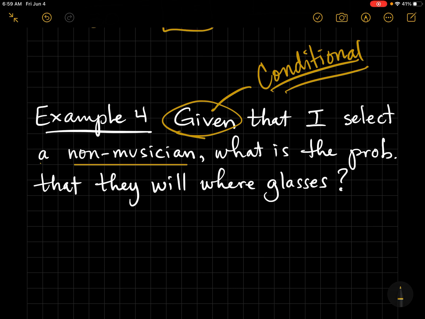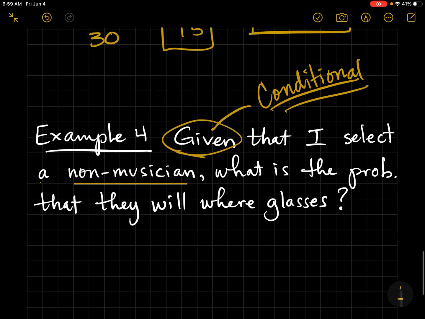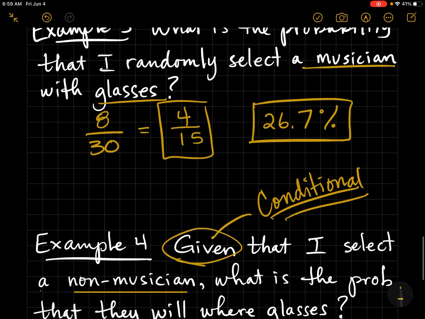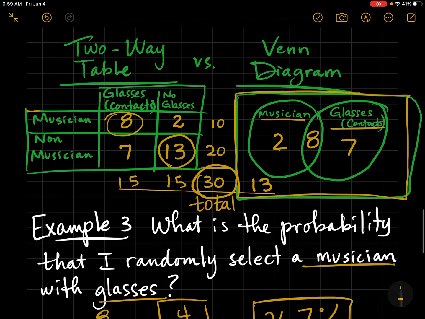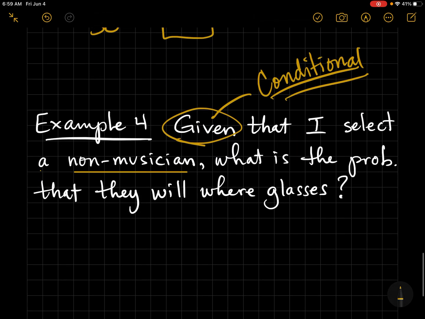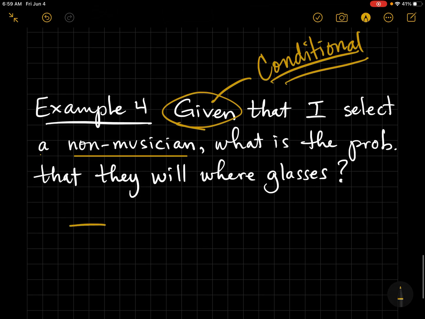So given that I pick a non-musician, what is the probability that they will wear glasses? So what this means is that my total only considers non-musicians. So when I go up here, I'm only looking at these 20 people, okay? So my total is 20.